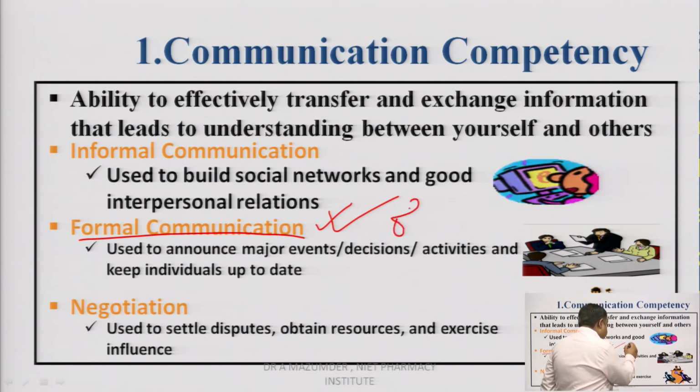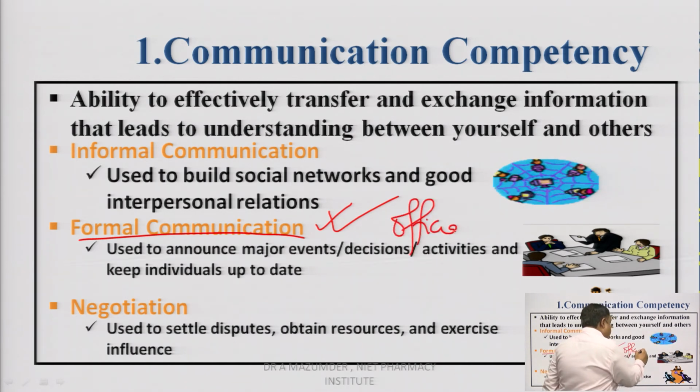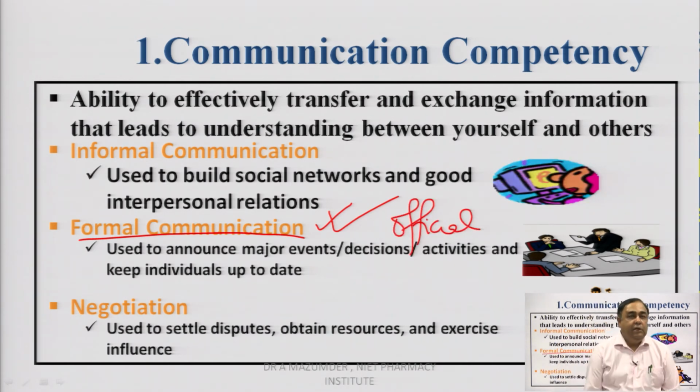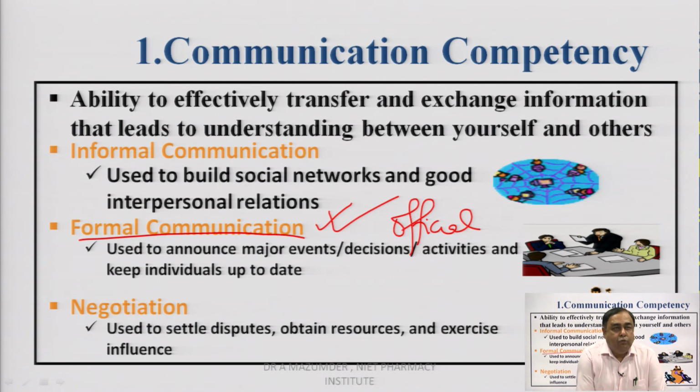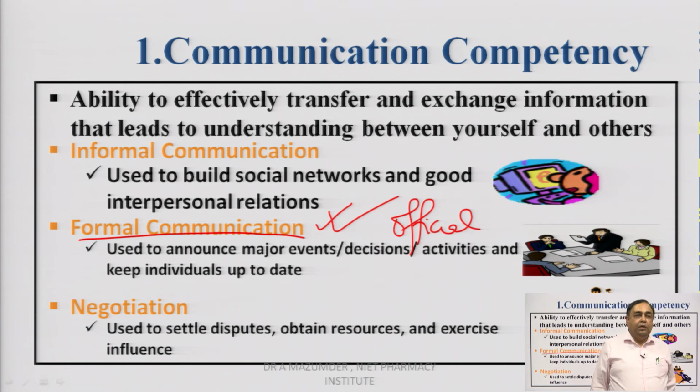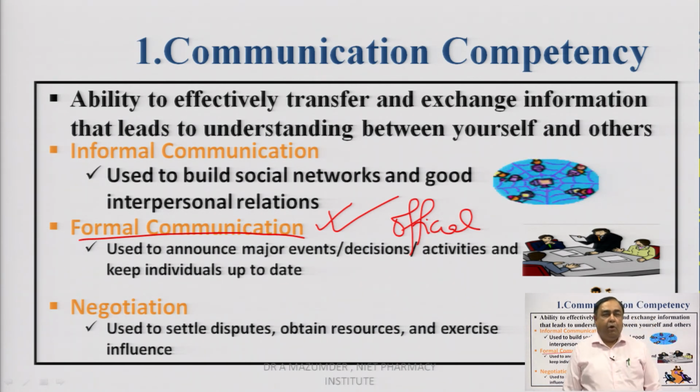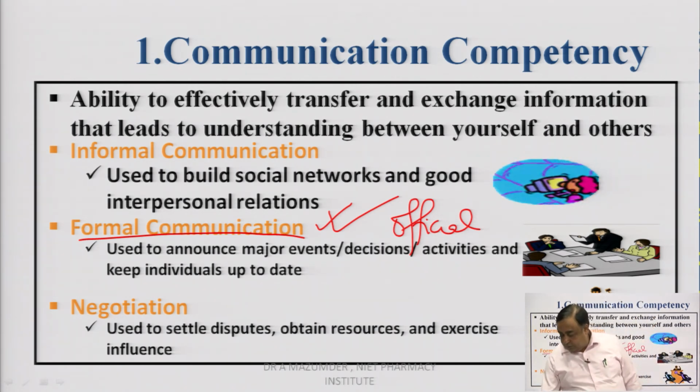Official communication is used to communicate or announce major events, decisions and activities, and keep individuals up to date. That is what we call official communication: notices, letters. Lastly, the last mode is negotiation, used to settle disputes, obtain resources and exercise influence.